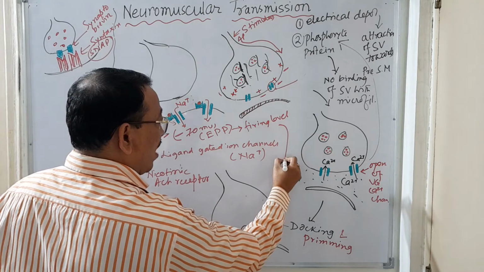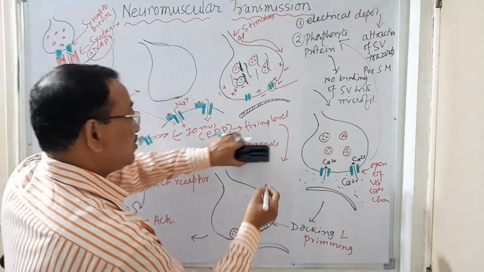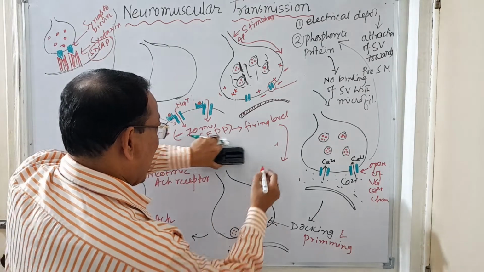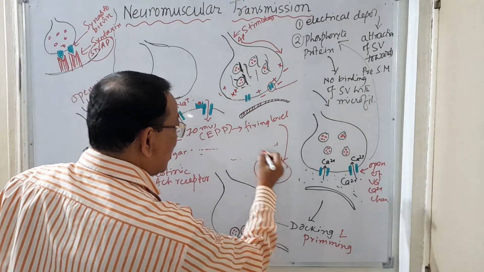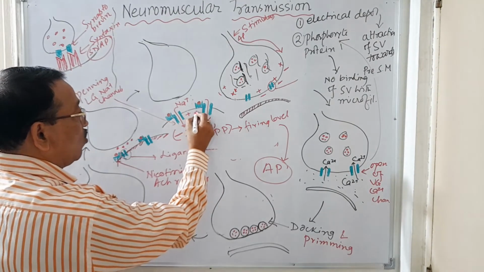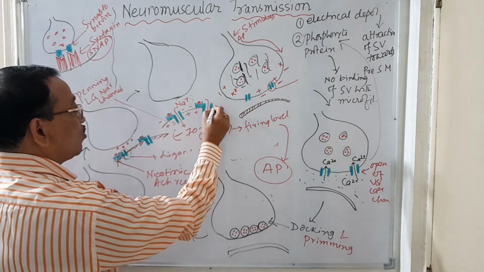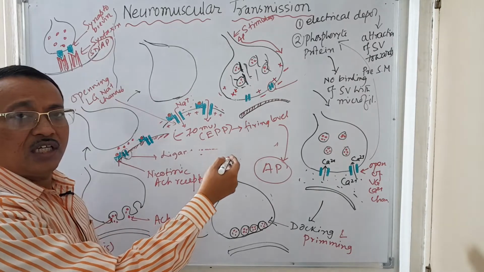And because of this firing level, the action potential is initiated on the muscle. So the muscle will now become electropositive. Inside will be electropositive with respect to the outside of the membrane.